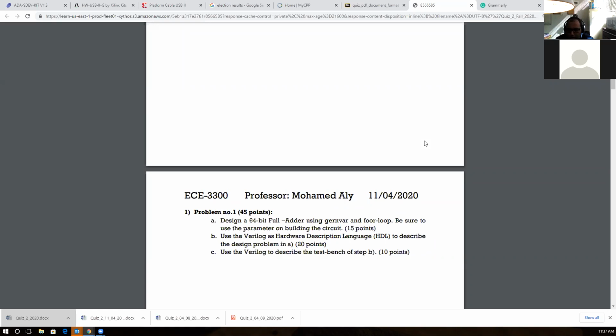Sir, just to clarify, for part A, even though it says we use genvar and for loop, it's just the design, the schematic, correct? It's not just schematic, it's design. Normally for part A, how do we design? But we show you the genvar and the for loop in part B, correct? Exactly. I mentioned genvar and for loop because you're going to use it later.